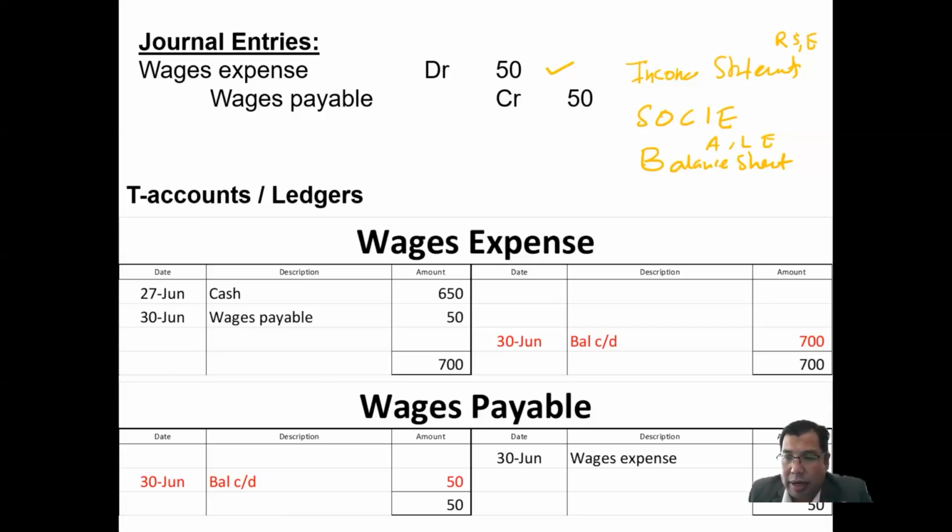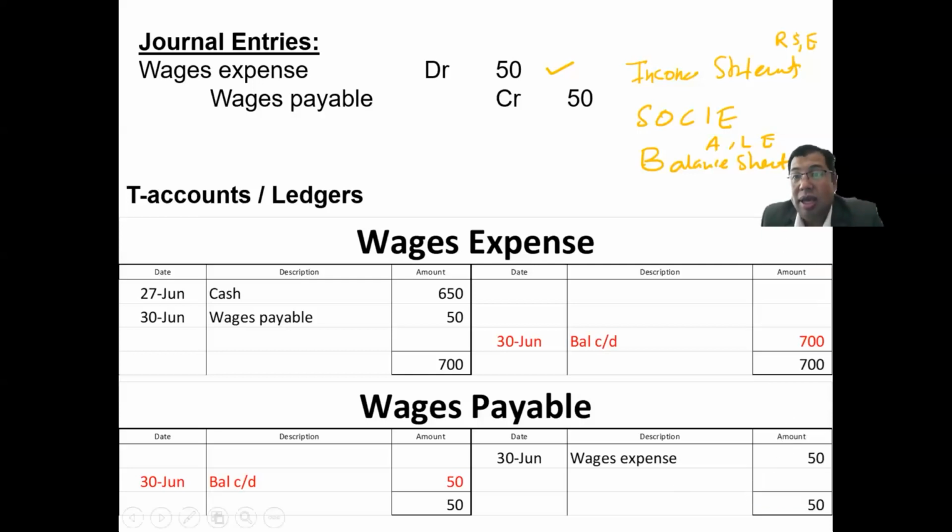Your wages expense is your expense, go to your income statement. You recorded 650, but that value is not correct. Why? Because there is another amount of wages amounted $50 not paid to the employee. That $50 is expense for the month of June.